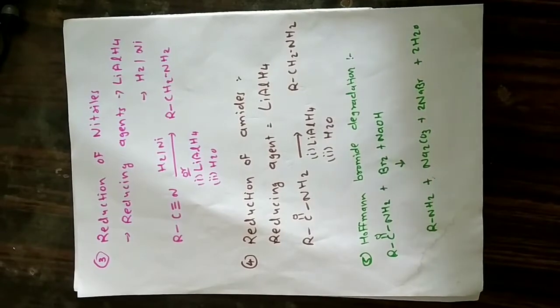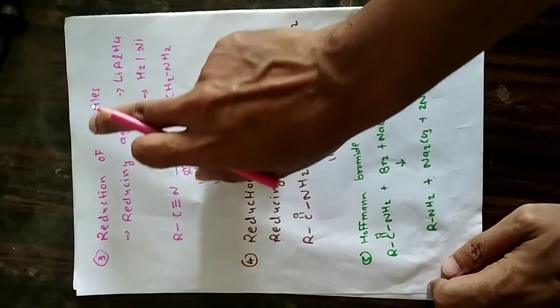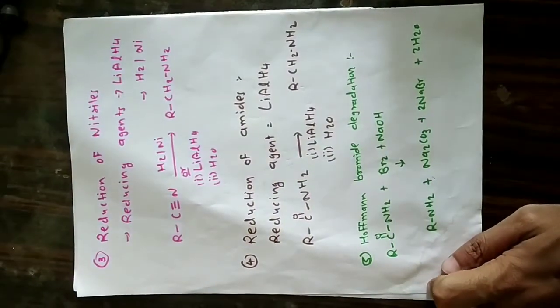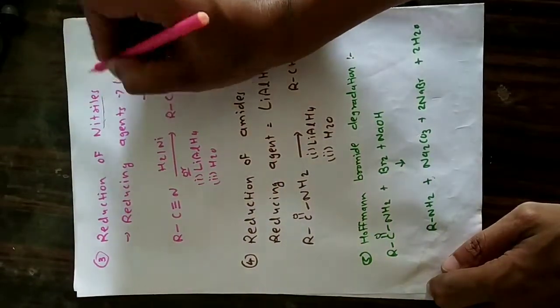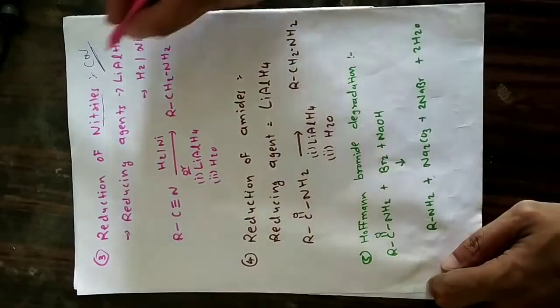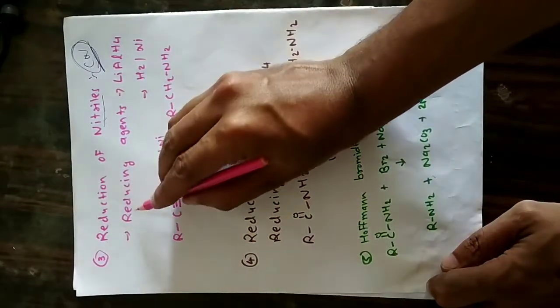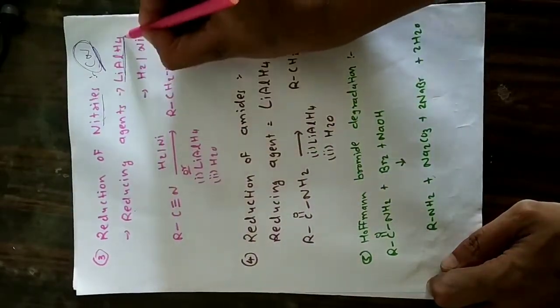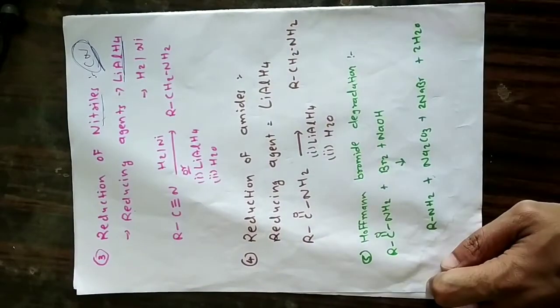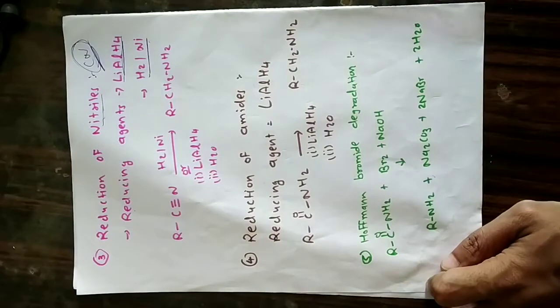Now the third method. You can see reduction of nitrile. Now nitrile means cyanide group, CN. When we reduce this CN group, we will get amine. As reducing agent, we can use lithium aluminum hydride or H2 in presence of nickel or palladium.